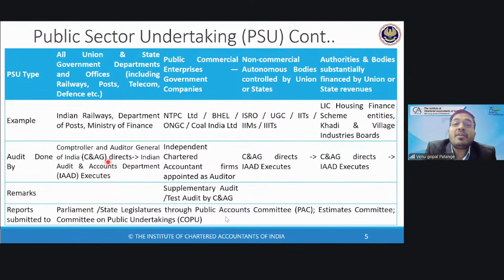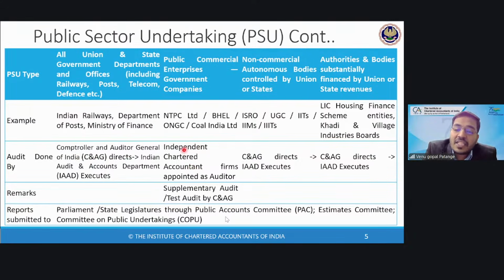The role was given by the Constitution to C&AG. Article 148 of the Indian Constitution has given that power. So all these public sector undertakings are subject to audit, and audit will be planned, executed, controlled, monitored by C&AG, the Comptroller and Auditor General. So you can see C&AG here, here, here.